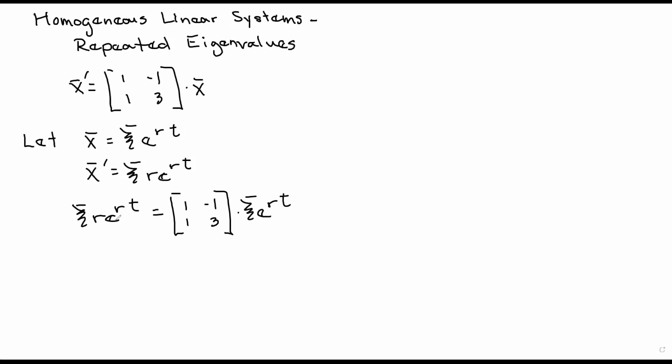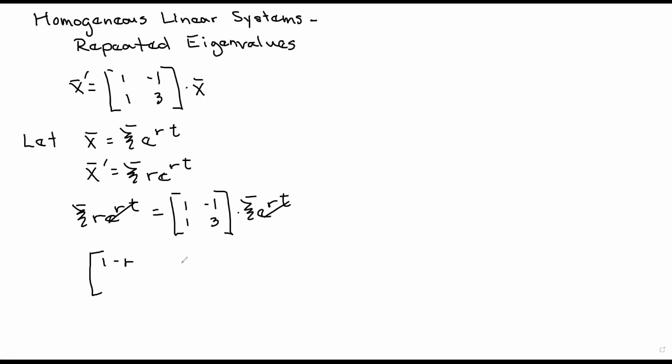We can cancel the e to the rt's, and what's left is the eigenvalue eigenvector problem: A times a vector x equals lambda times x. We can solve this using the eigenvalue eigenvector problem steps.